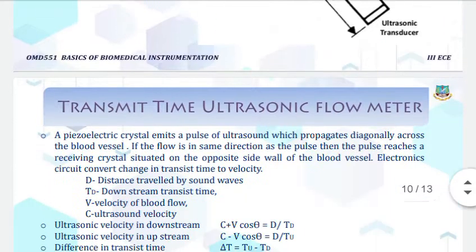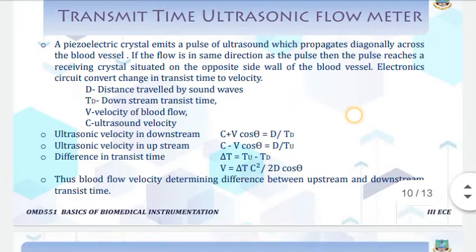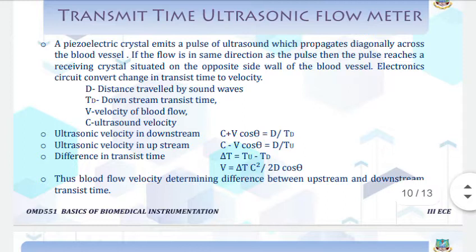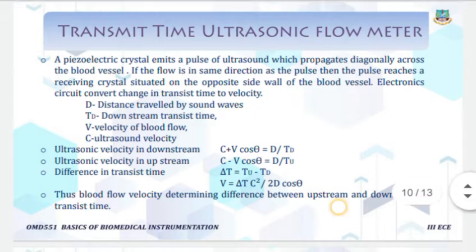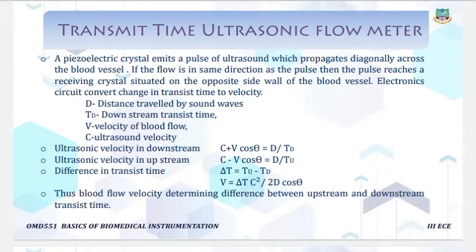So here there are some equations. D is the distance traveled by the sound wave, TD is the downstream transit time, V is the velocity of blood flow, C is the ultrasound velocity. The ultrasonic velocity in downstream is C plus V cos theta, equal to D by TD, and in upstream it is C minus V cos theta, equal to D by TU.